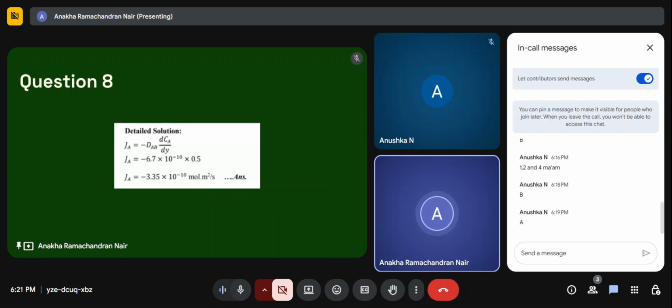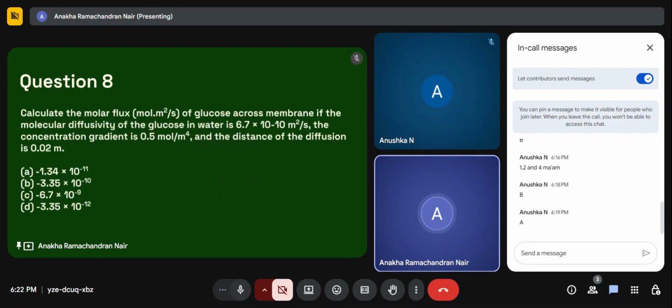The molar flux, that is JA, is equal to the negative of DAB, which is the diffusivity of glucose in water, 6.7 into 10 to the power minus 10, multiplied by the concentration gradient, which is given in the question, 0.5.